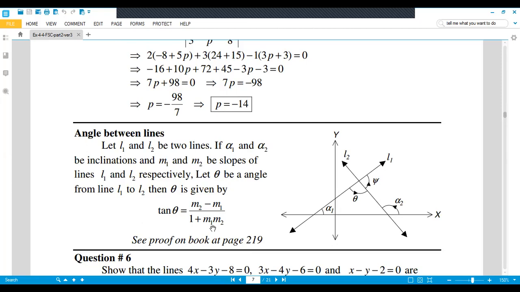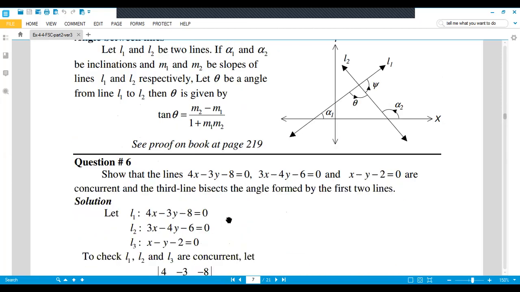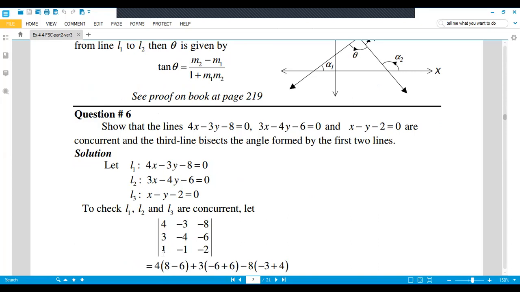With the help of this, you find the angle. Show that the lines this and this are concurrent, and the third line bisects the angle formed by the first two lines. So for concurrency, you know that we have to draw the determinant with the coefficients in the columns.